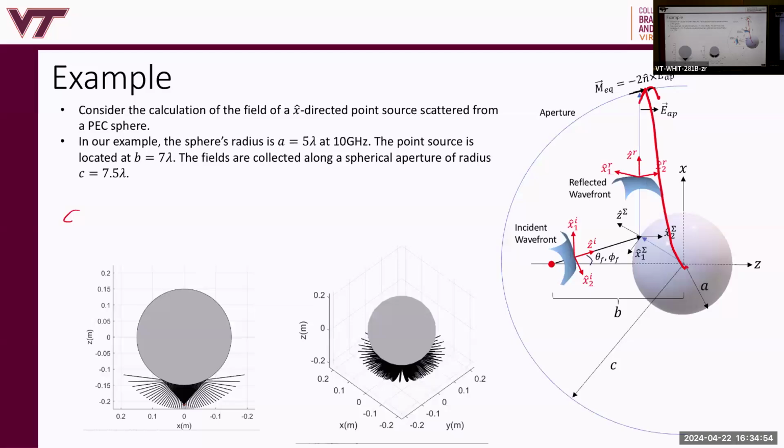Oh no, theta is here. Sorry, let me clean this up. From here to there, this is theta, and phi is the angle to here, right? So it's the theta phi of the position vector to the point in the aperture sphere that I'm plotting the electric field at. All right, is it clear?